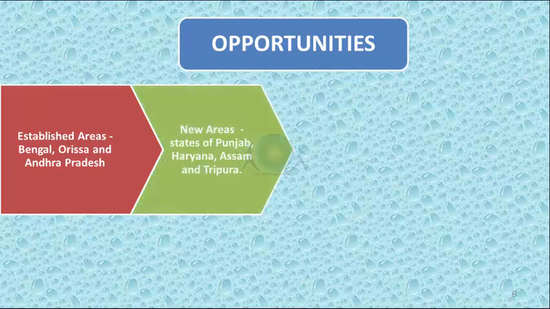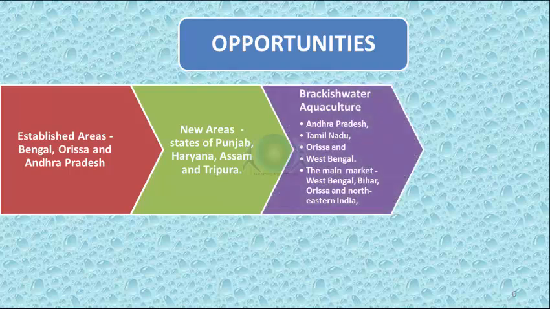Now, Bengal, Orissa, and Andhra Pradesh are the old areas, and the new areas are Punjab, Haryana, Assam, and Tripura. Brackish water aquaculture is also concentrated in the coasts of Andhra Pradesh, Tamil Nadu, Orissa, and West Bengal, while the main areas of consumption for freshwater fish are in West Bengal, Bihar, Orissa, and northeastern India.